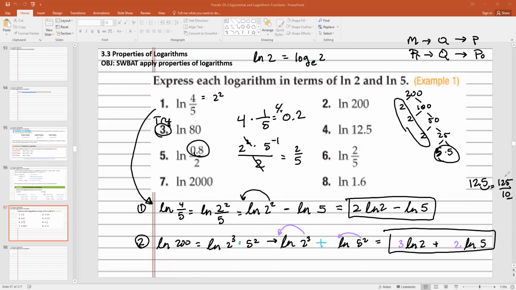Okay. So 5 goes into 125, 25 times, and 5 goes into 10 twice. There you go. So make it bigger in order to make it smaller.